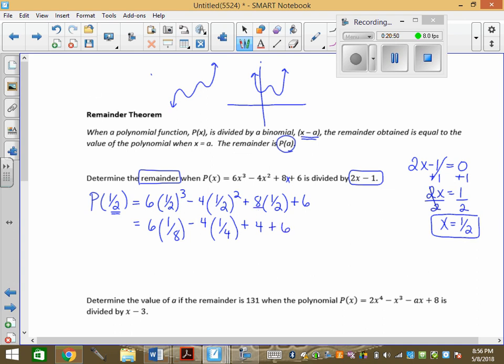When you multiply fractions, you multiply numerator times numerator, denominator times denominator. So here I'm going to get 6 over 8, and 6 over 8 reduces to 3 over 4. These 4's are going to cancel, so I'm going to get minus 1 plus 4 plus 6. When I put these ones together, I get 3/4 plus 9.